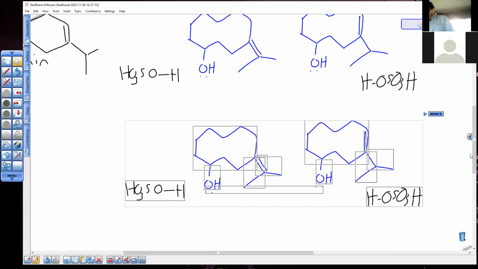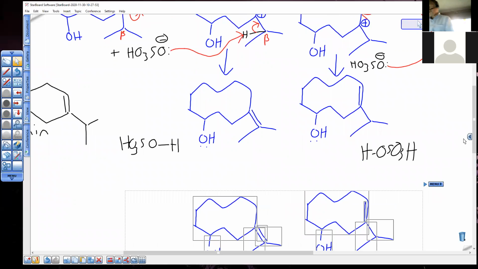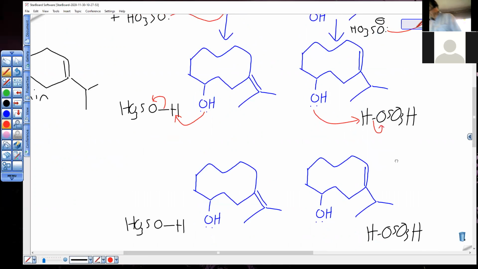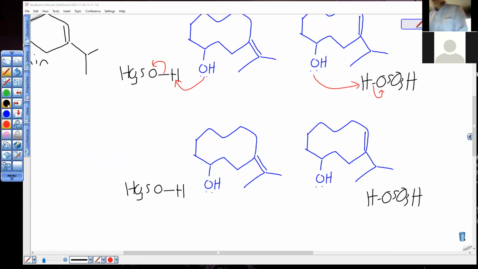I might be trying to get a little too sly. We'll see. Lone pair picks up a proton. Lone pair picks up a proton. Oxonium species, both locations.